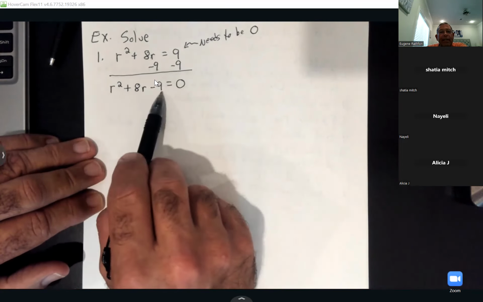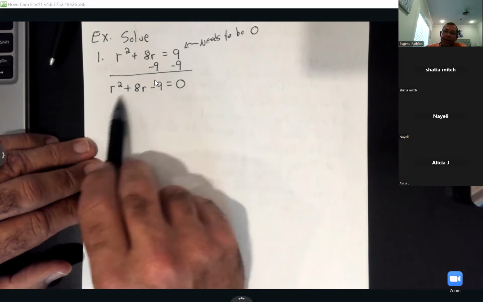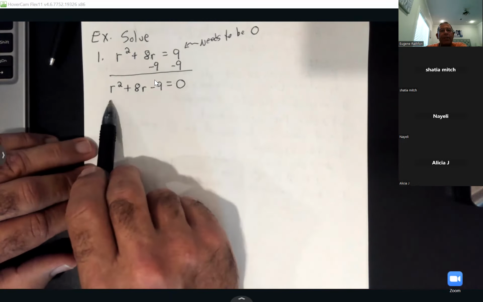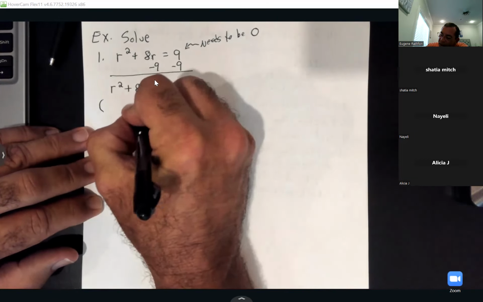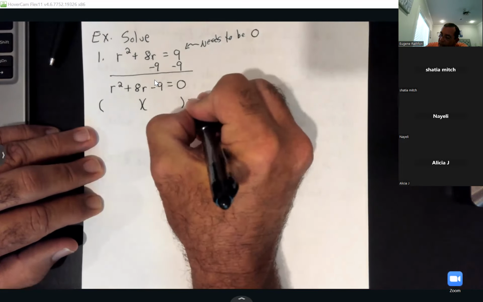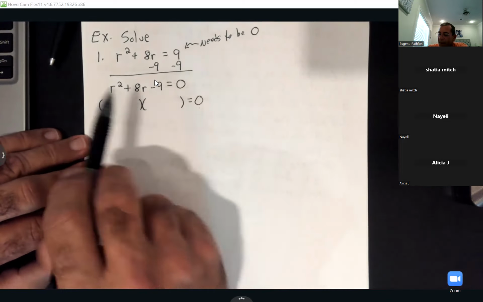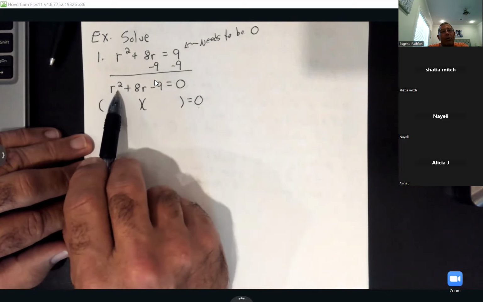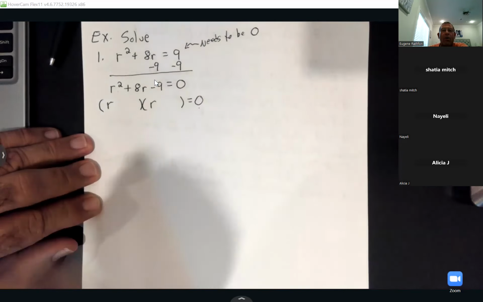There's no GCF because the r squared and the 9 have nothing in common. So since there's no GCF, we're going to go right into factoring this. And once I got it factored, it'll still be set equal to 0. So y'all, here we go. We got an r squared in the front. That's going to be an r and an r.